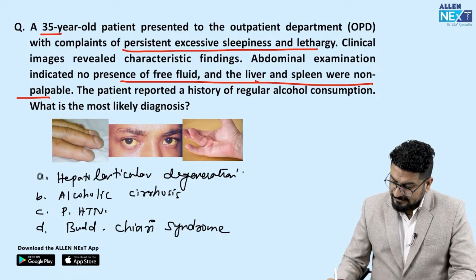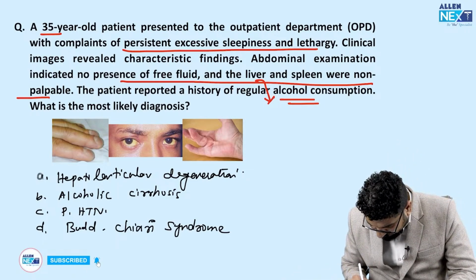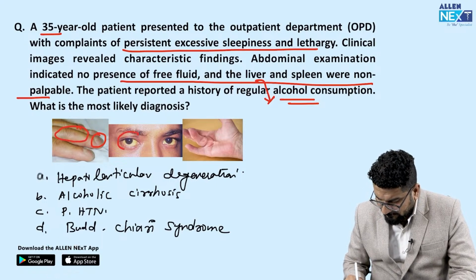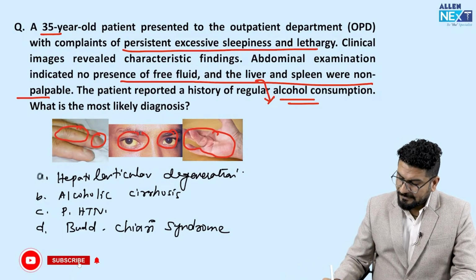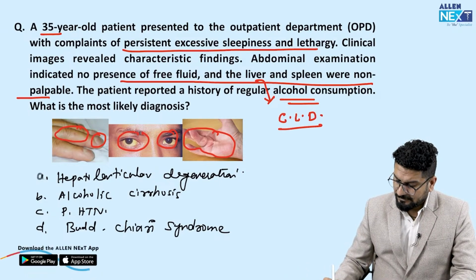So shrunken liver is the hint. Patient reports a history of regular alcohol consumption. You can see some clubbing here, yellowness in the skin and in the eyes, and contracture formation. So it's a case of CLD, chronic liver disease, that is liver cirrhosis due to alcohol.